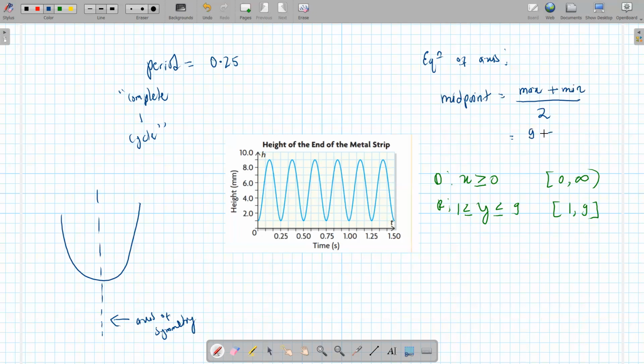What's our minimum? 1. So divided by 2, your midpoint is at 5, okay? Therefore, your equation of axis is going to be a horizontal line, and we know horizontal lines are represented by y equals 5. So this line right here cuts the graph in half, but horizontally. This is called the equation of axis. Cool?